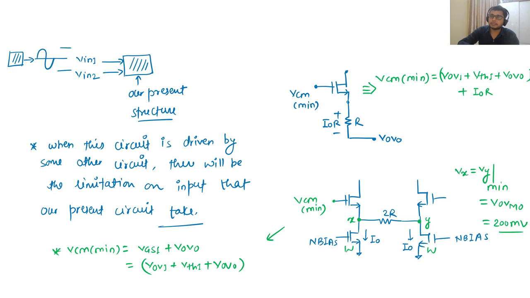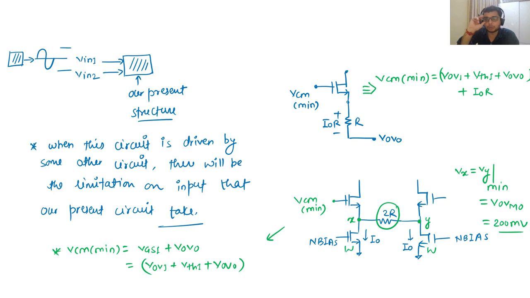So in DC, this resistor is not playing any role. These two resistors are not playing any role. AC wise, we will see while calculating the gain. But as of now, we should understand the common mode perspective of both the circuits.